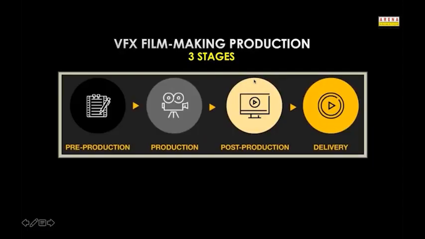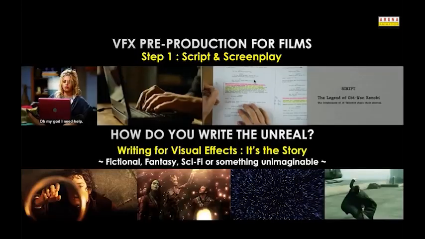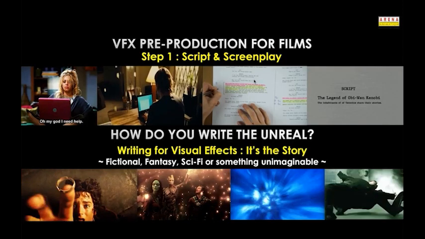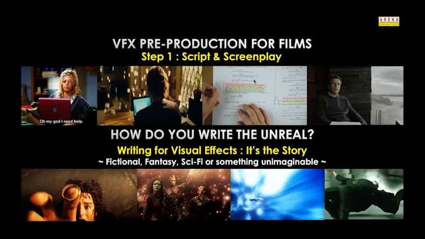Like I said, pre-production, production, post-production, and the final delivery of the film with all the effects and everything. The script, storyboard, previz, and the 3D previz or the virtual production come before it goes into production as such. Obviously, it starts with the script and the screenplay, and you try to write something which is unreal.